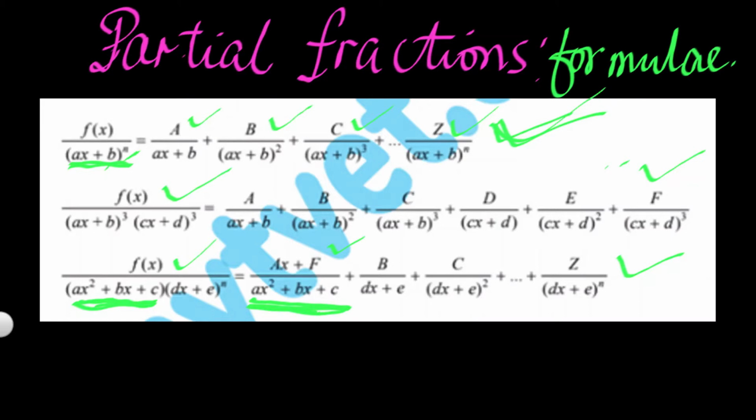But all you have to find are these constants in the numerators. So all you're doing is knowing the situation that you have, choosing the correct formula, and then solving for A, B, C, and D. This is what I'll be doing in this video. I'll be explaining how you solve for A, B, C, and D.